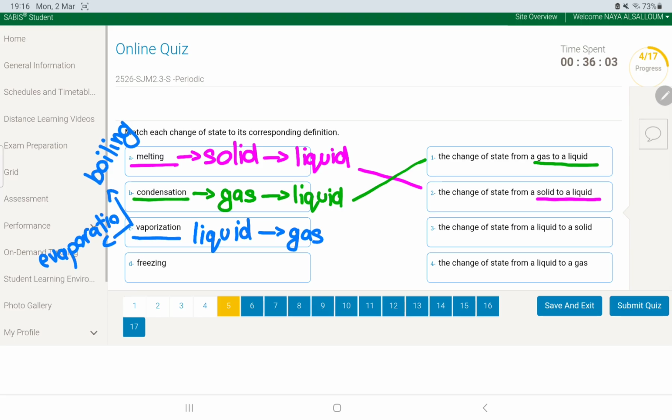Evaporation. If they ask you for the difference between them, this is how I like to think about it. For example, which one happens at a specific temperature? Boiling. How do I think of it? I say boiling point. A point is really specific, so specific temperature.